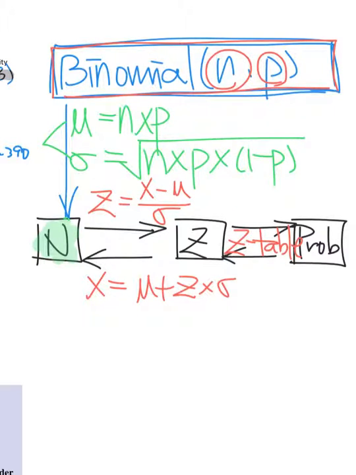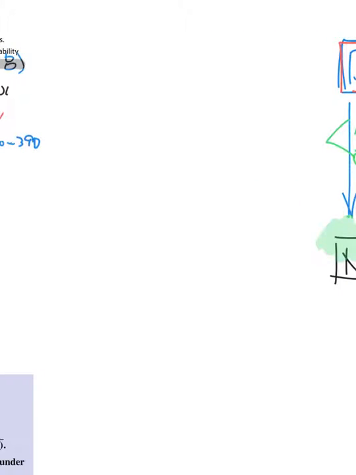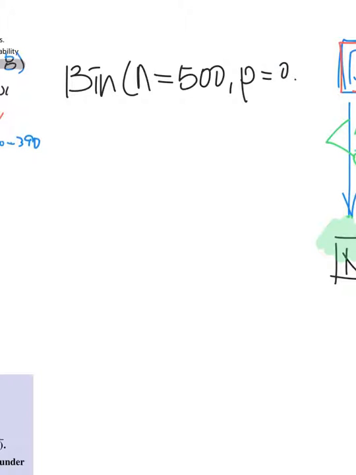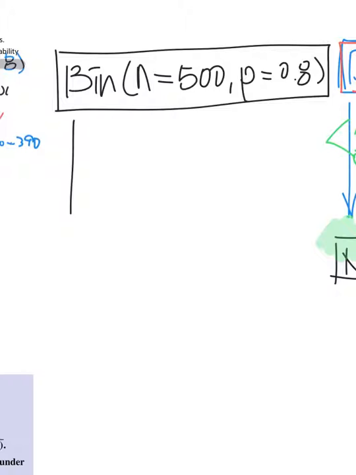So let me go back. Now we had a binomial, n was 500, and probability is 0.8. We need a mean. How? n times p, 500 times 0.8. How much will that be? 400.